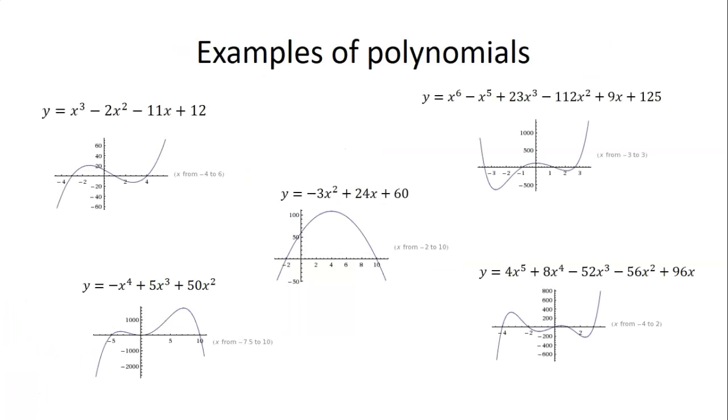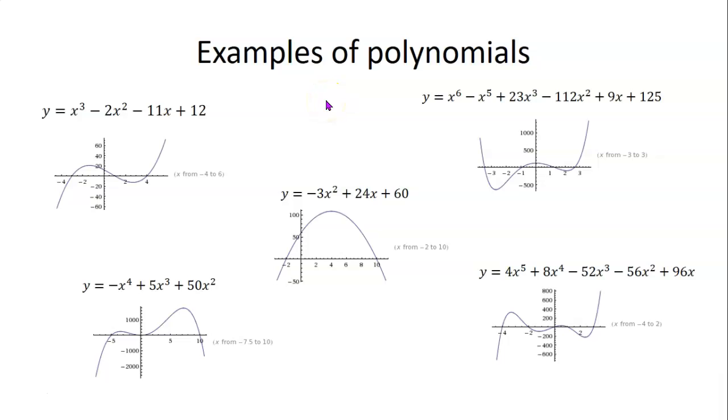To start with, to get you used to thinking about what polynomials are, here are some examples to look at. 5 examples of polynomial functions. The one in the middle here is a quadratic function, but it counts as a polynomial function. And then these others are also examples of polynomial functions.